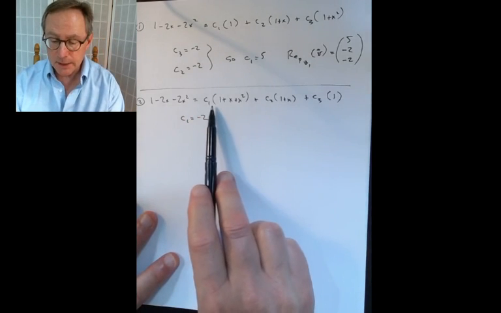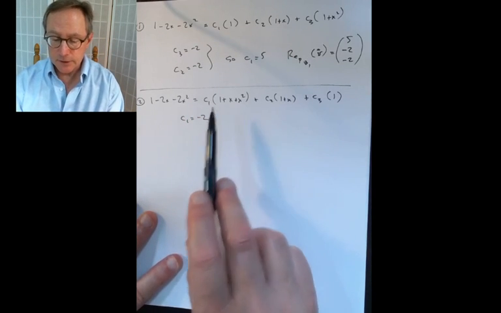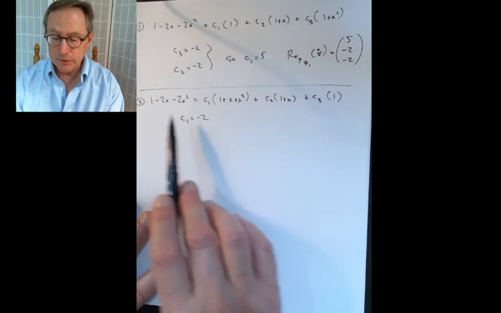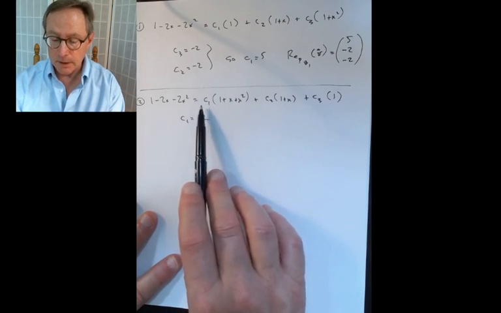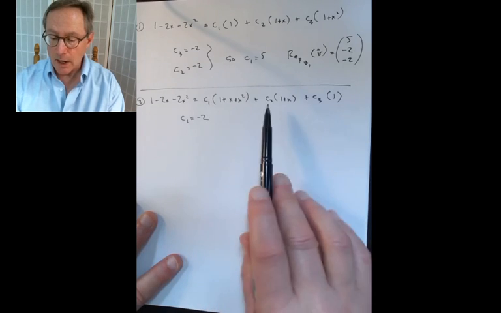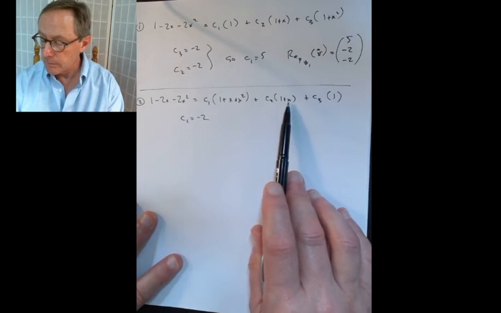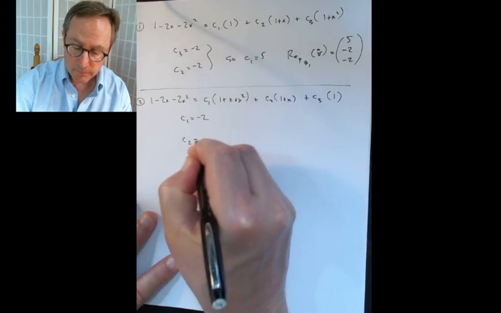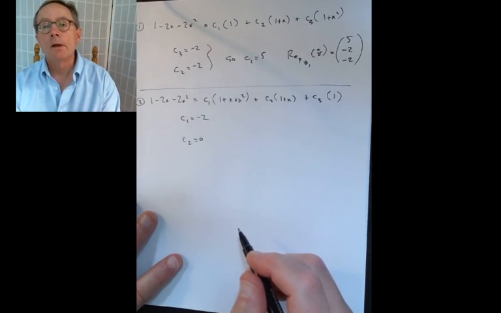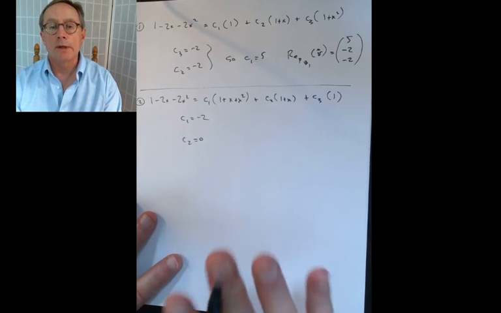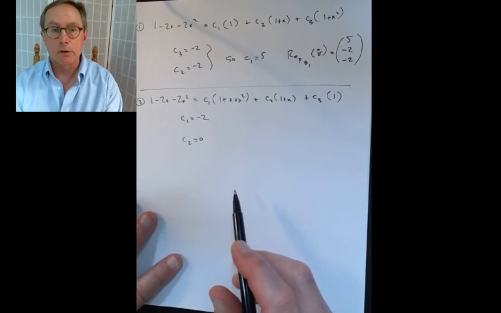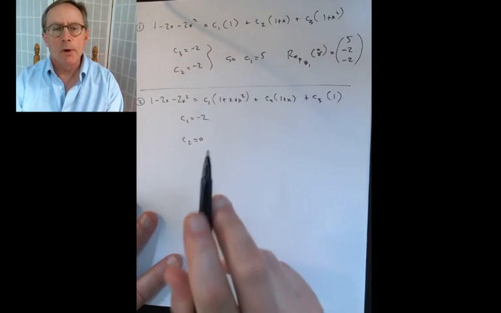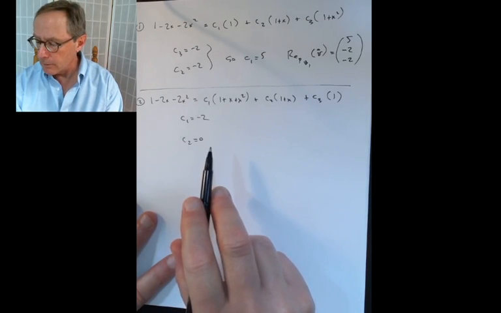If c1 is minus 2 and I compare the x's, then I'm looking on the left at minus 2x, and on the right, c1 times... minus 2x, and then plus c2. So I get that c2 is 0. So again, absolutely nothing wrong with Gauss's method. Gauss's method would come to the same conclusions, but there's also nothing wrong with having a little brain power and figuring it out.